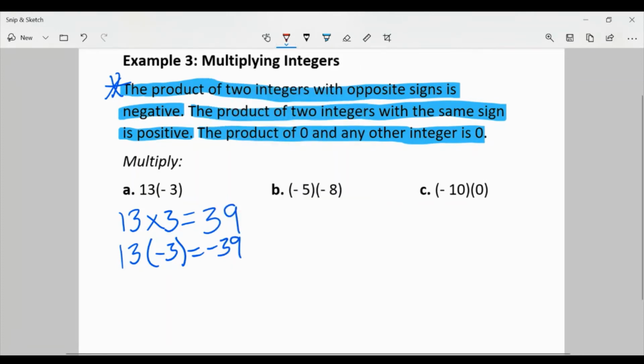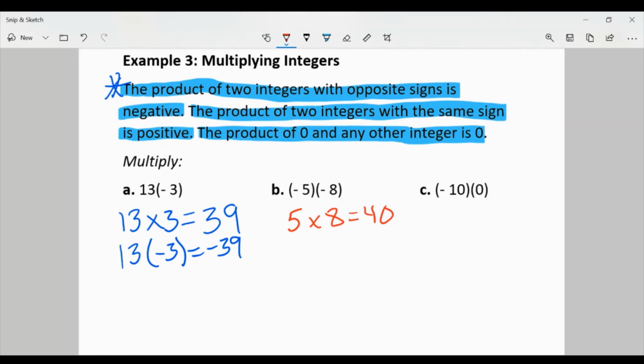So let's look at part B here. Negative 5 times negative 8. So same thing. I can use my absolute value for both, which would give me a positive 5 times positive 8. When I multiply those together, I get 40.